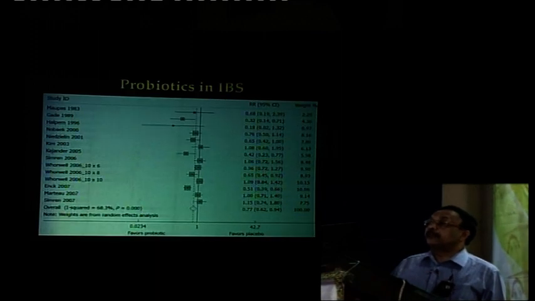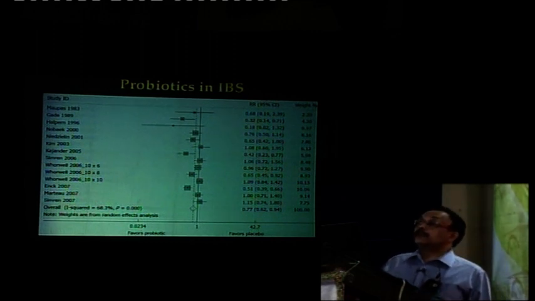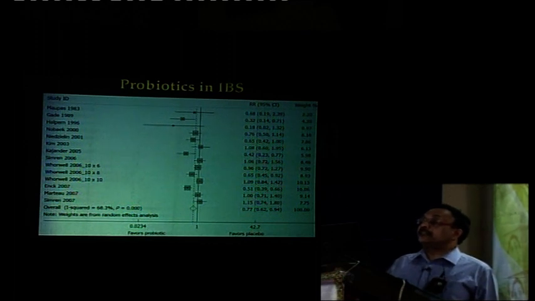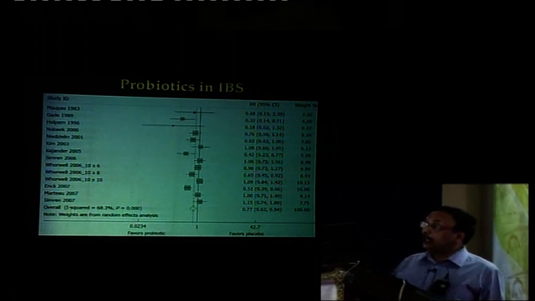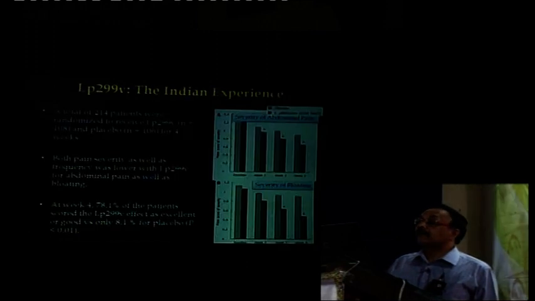This is one of the studies of a bifidobacter probiotic strain which increases the fecal transit time and is beneficial in constipation-predominant IBS. This is again a meta-analysis which shows that the majority of the trials have shown benefit of probiotics in IBS.